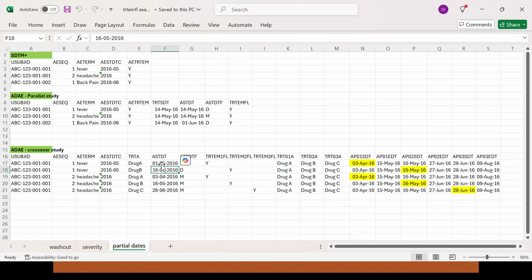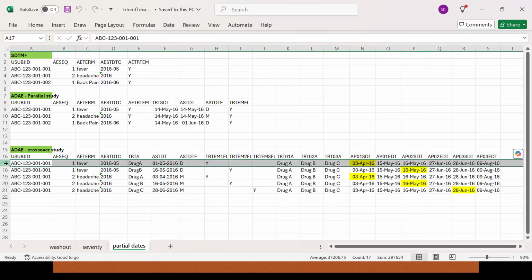To avoid any misrepresentation of the data, we have taken the study drug exposure also into account, because we do not know whether this adverse event, which started in May 2016, resulted from the first period drug exposure or the second period drug exposure.